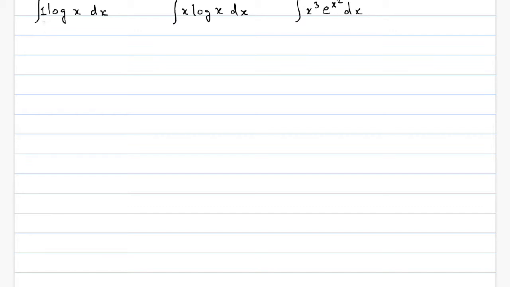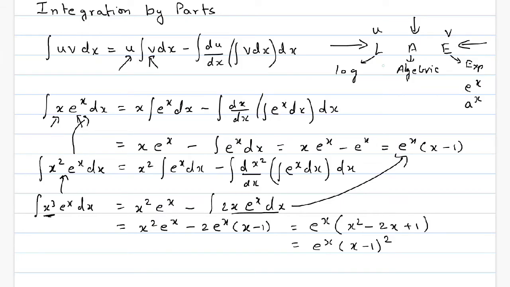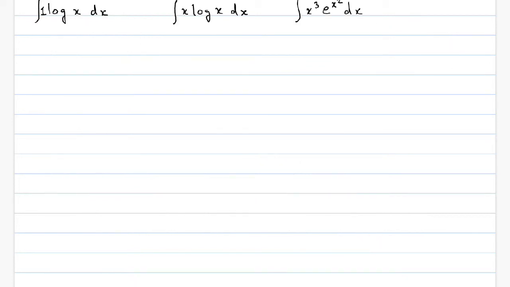We say our 1 is algebraic and log of x is our log. According to our LIATE rule, log will always be u. So if log is u, our algebraic becomes v.